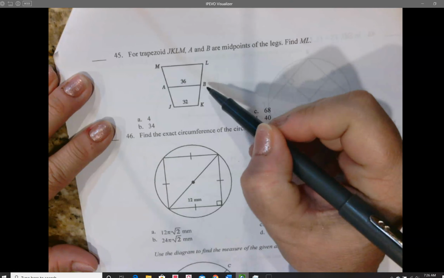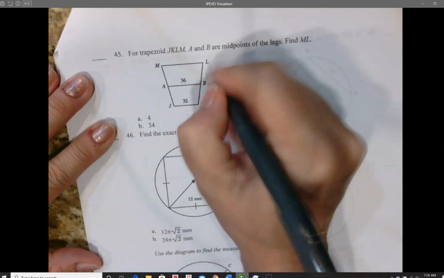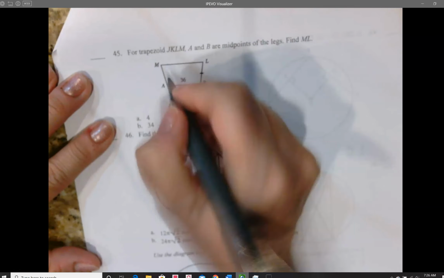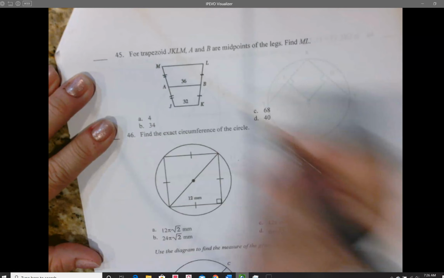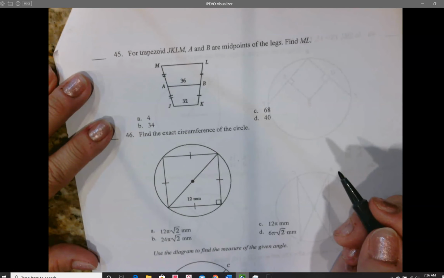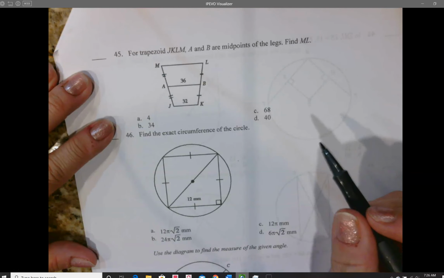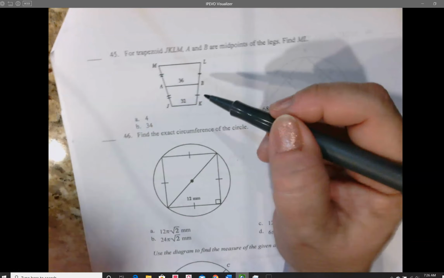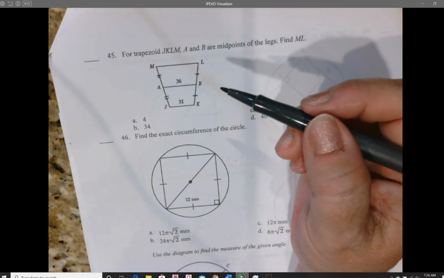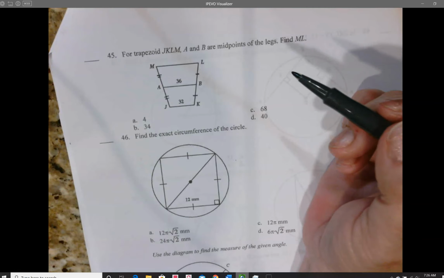If A and B are midpoints of the legs, find ML. So I do know that I can mark these things as being the same. What we have here are some similar lengths, some similar segments.